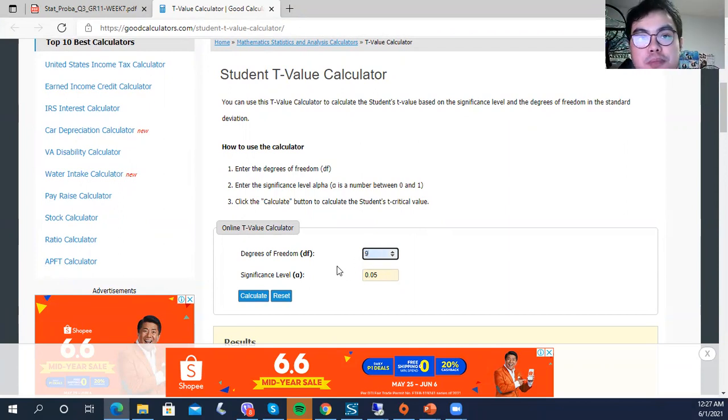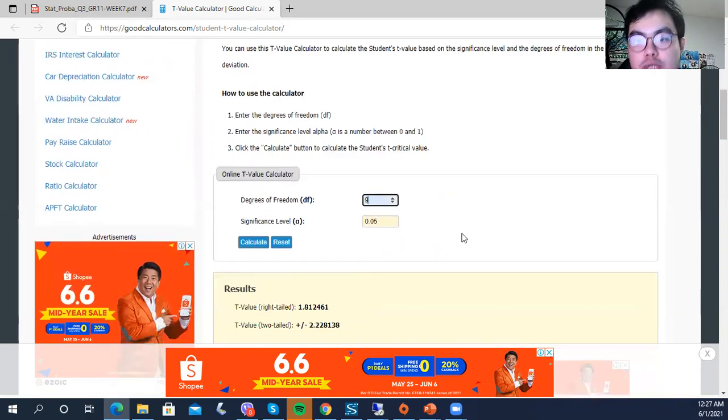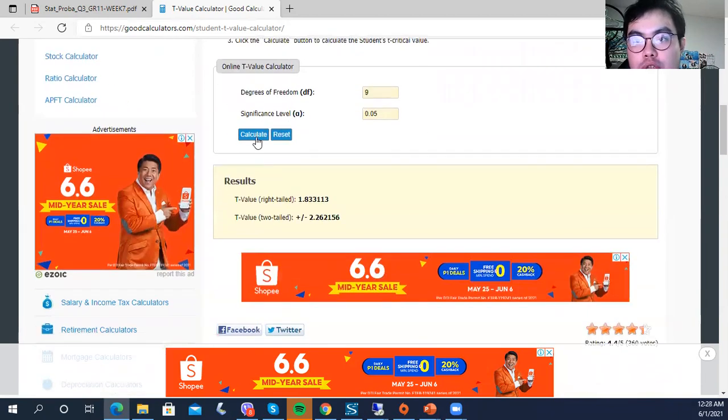In order for you to find the t-value, say our degrees of freedom is 9, then our significance level is 0.05. We click calculate. So this is the t-value according to the right tail or one tail. Then if it's two tail, it is plus or minus 2.26 and so on and so forth.